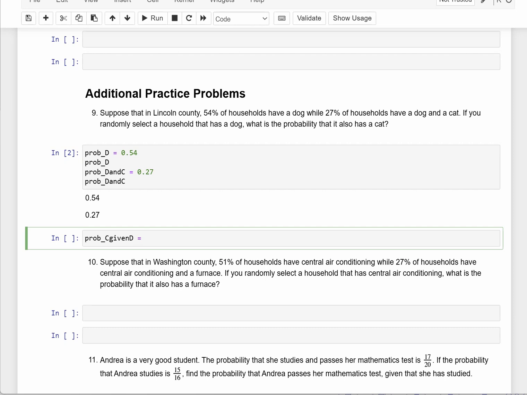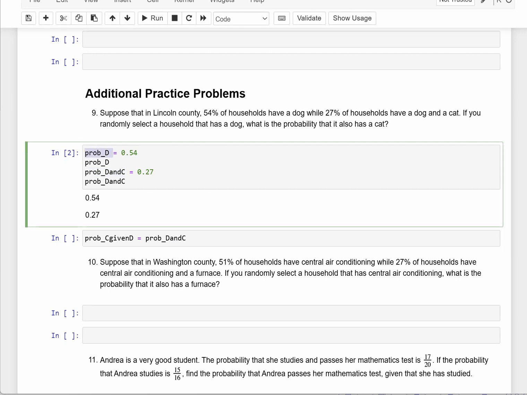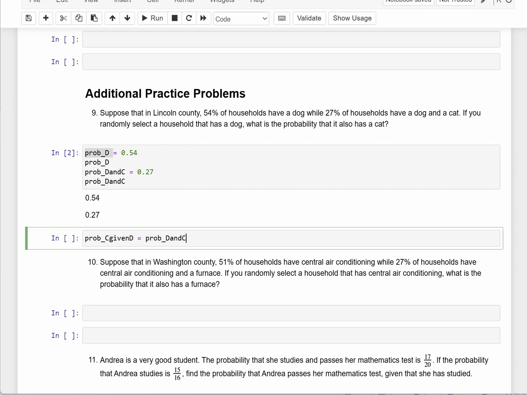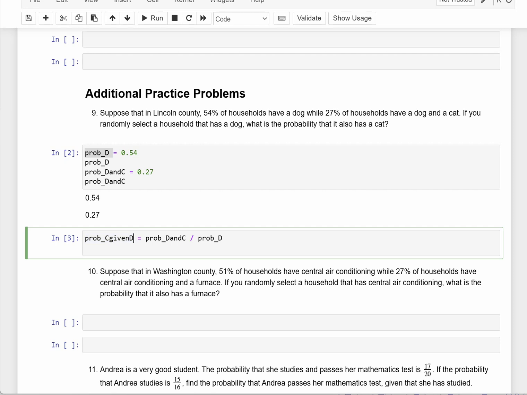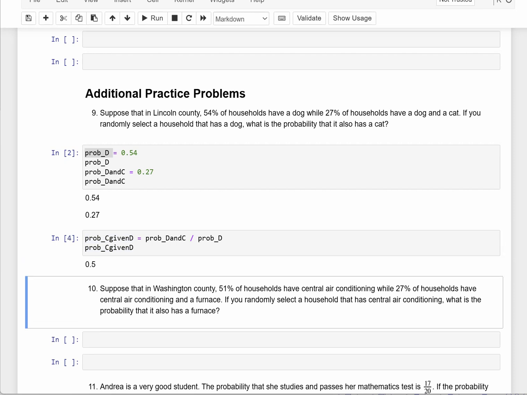Well, it's going to be the probability of D and C divided by the probability of D. And sadly, I assigned that variable but didn't evaluate that variable. And this makes sense. Why? Because 27 is half of 54. And if 54% of the houses have a dog, but 27% have a dog and a cat, that's half of the 54 houses, 27 houses have a dog and a cat. So this value makes plenty of sense.